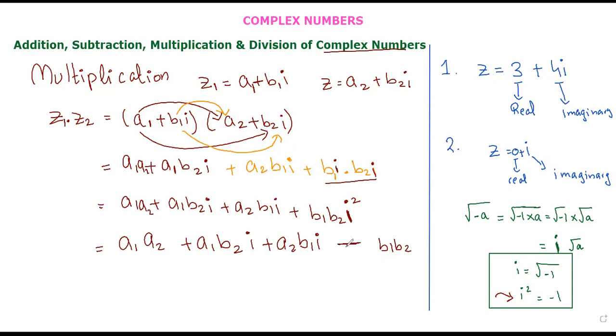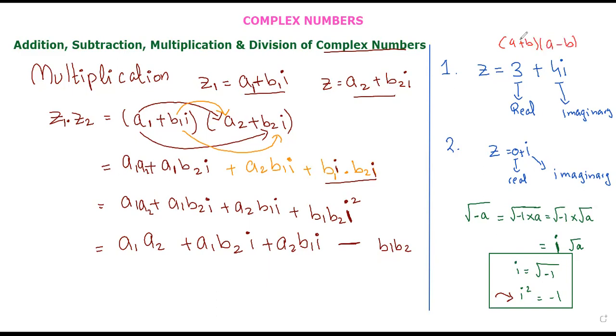In general, I would not advise you to learn any formula for this or anything of that sort. You just have two complex numbers that are being multiplied. How do we multiply things in mathematics? How do we multiply a plus b and a minus b?